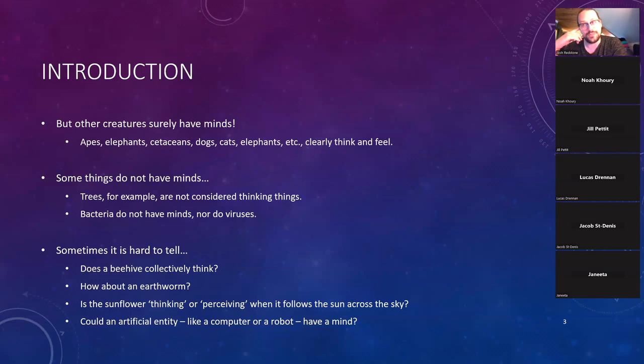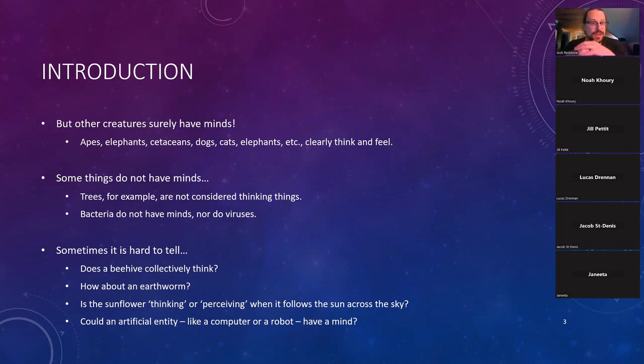But we do know that there are beings that do not have minds at all. Trees and plants, most people think, do not think, although there is some disagreement about this. Bacteria do not have minds. Viruses do not have minds. But sometimes it's a little hard to tell, right? Does something like a beehive or an anthill work as a collective mind?